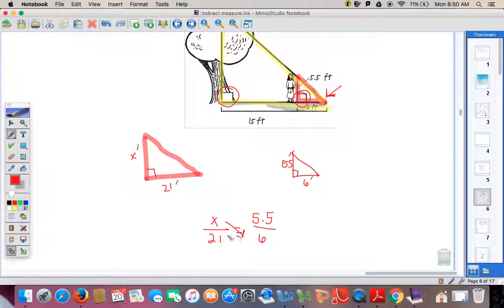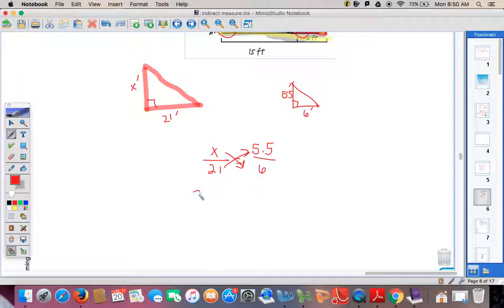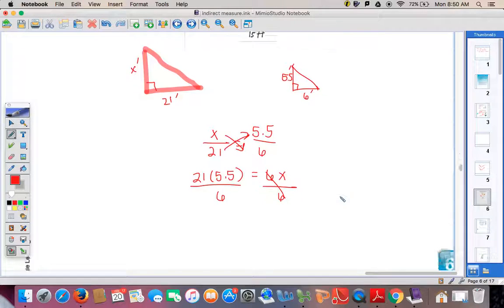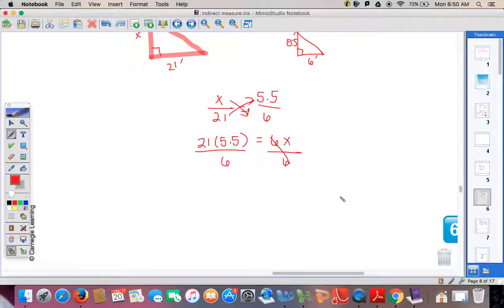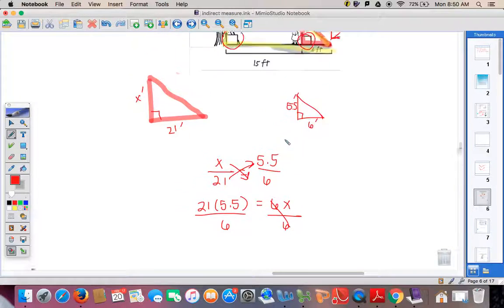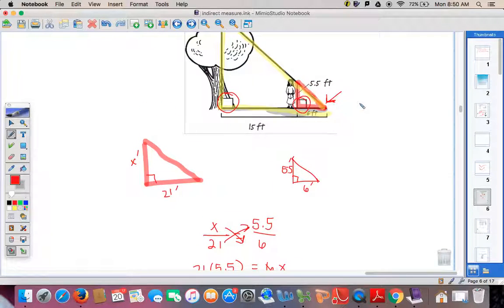And then if we cross multiply, we get 21 times 5.5 is equal to 6x, and then divide both sides by 6. And again, I don't have a calculator right at my fingertips, so I'm going to let you figure out what the actual height is. But what we do know is that the height would be in feet, because every other value here is in feet.